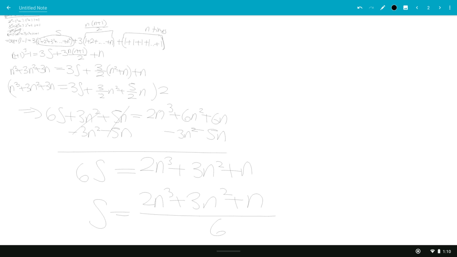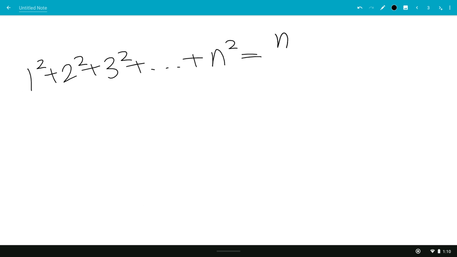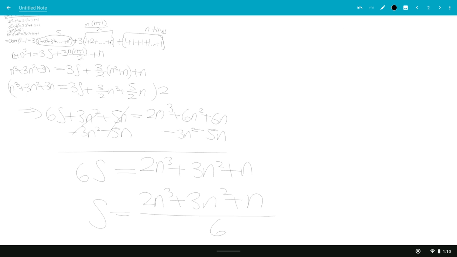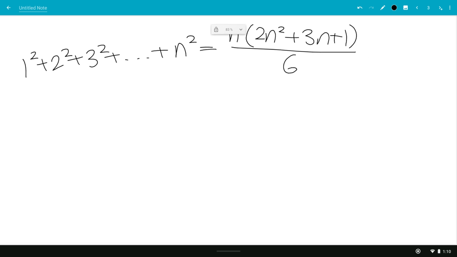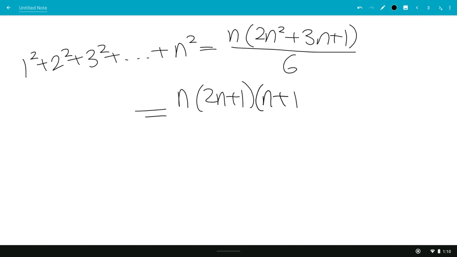is equal to, factoring out an n, n times (2n^2 + 3n + 1) divided by 6, and 2n^2 + 3n + 1 factors as (2n + 1)(n + 1), over 6.